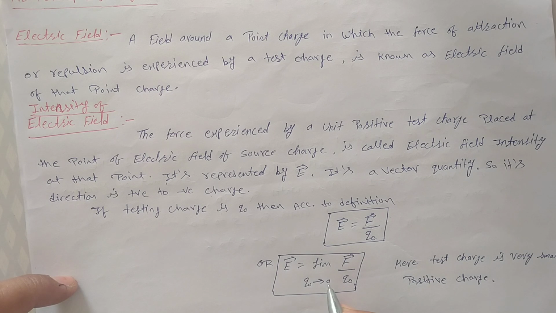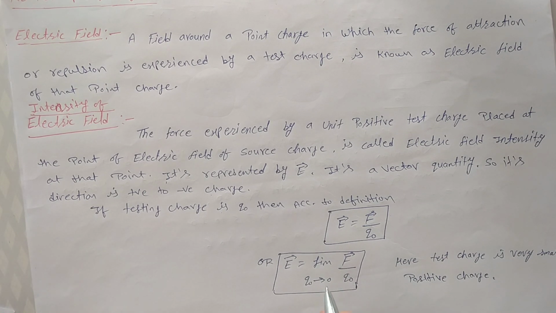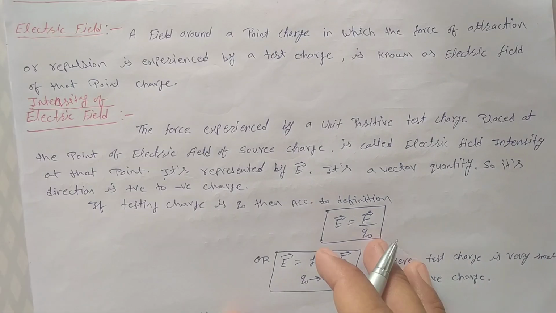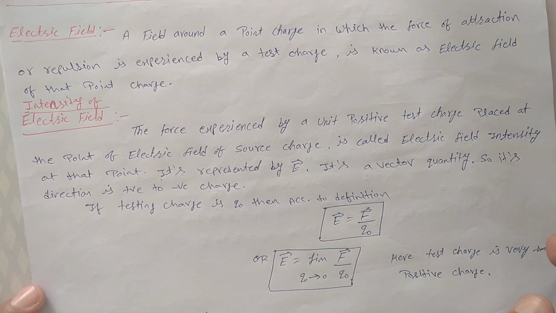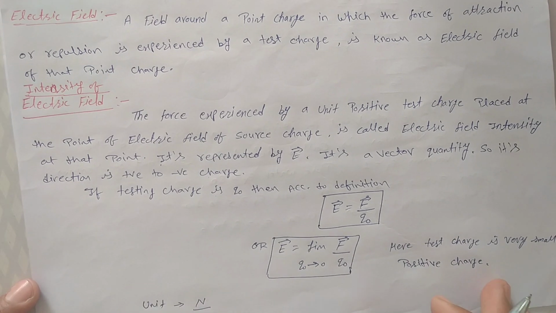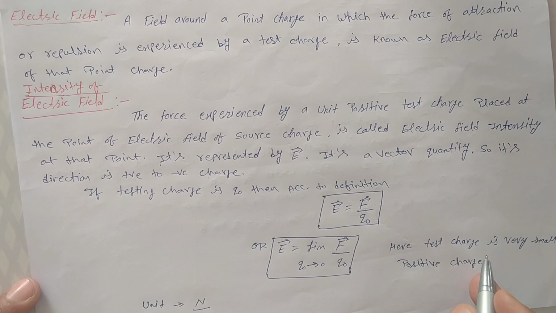What is limit Q naught tends to 0? Here the test charge Q naught is very small because every charge has an electric field which can affect the electric field of another charge. So the test charge is very small.